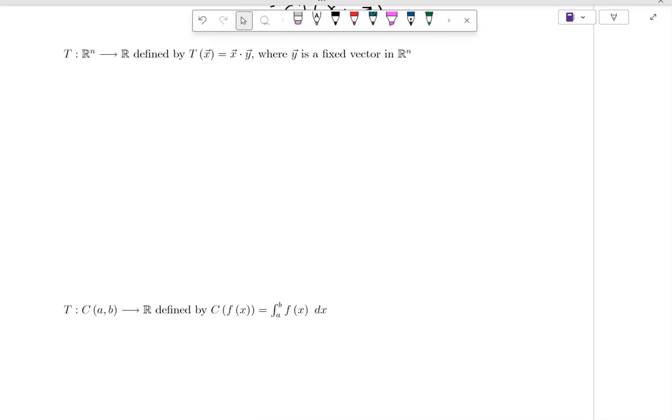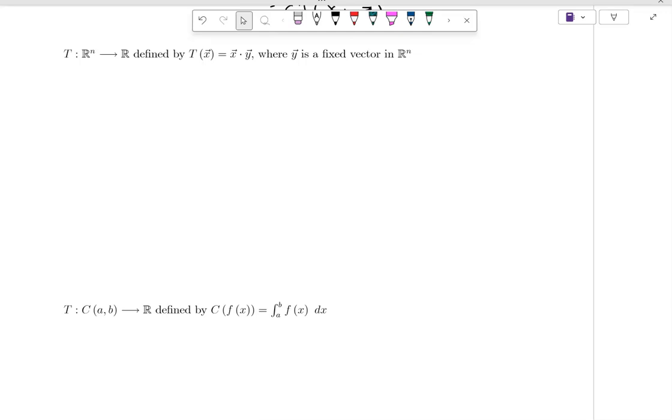Let's say you pick an arbitrary vector y in Rn and then fix it, and then your transformation is just take the vector and do the inner product with y. Our transformation for any other vector x then is just do the inner product with y.